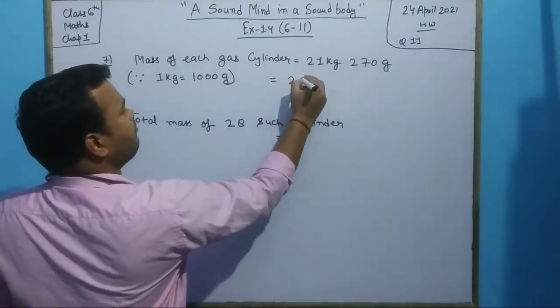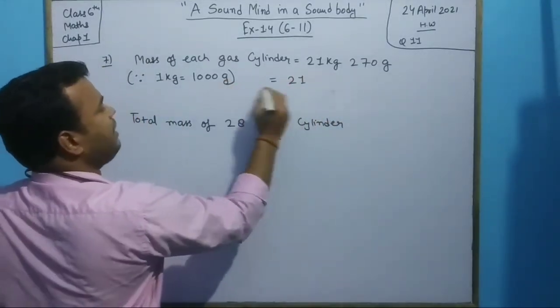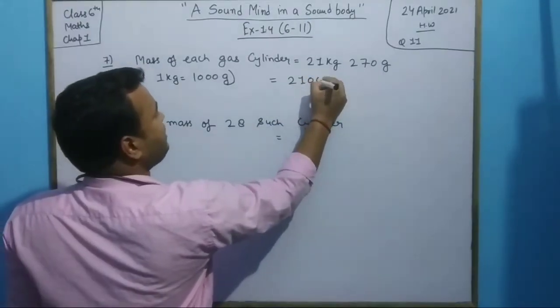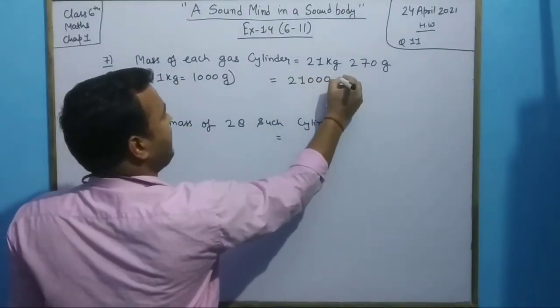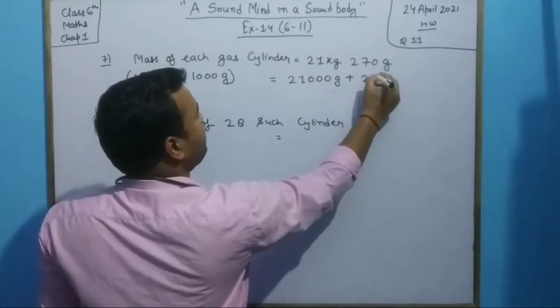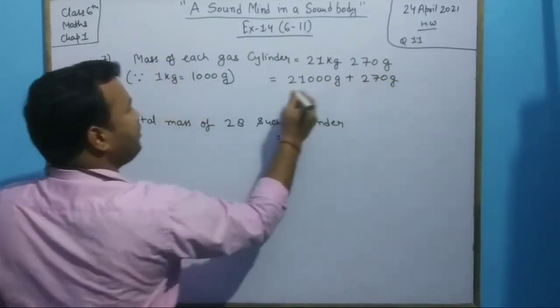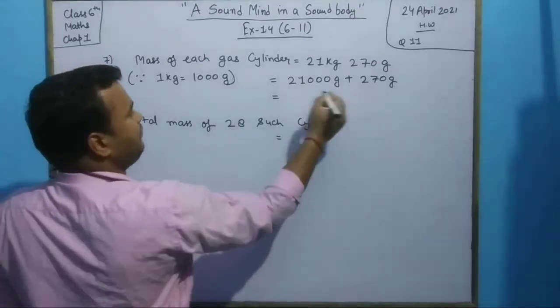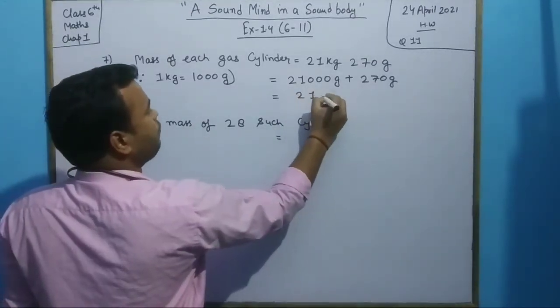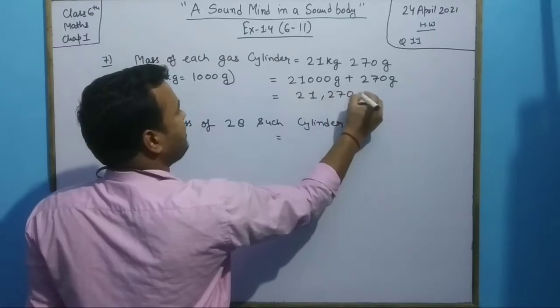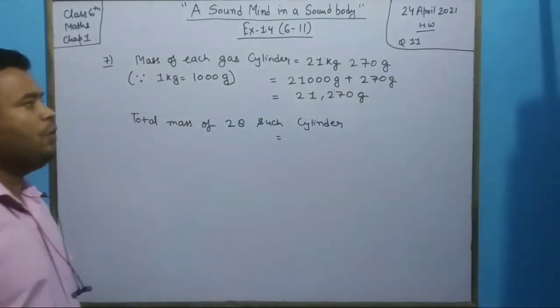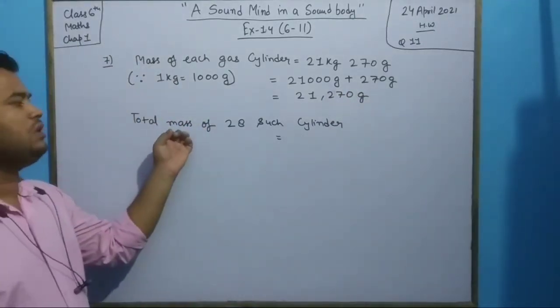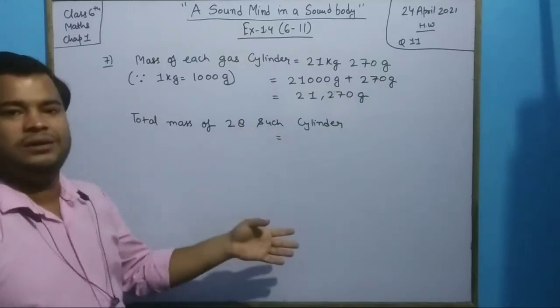So just multiply 21 by 1000. It will be 21,000 gram plus 270 gram. After adding, it will be 21,270 grams.